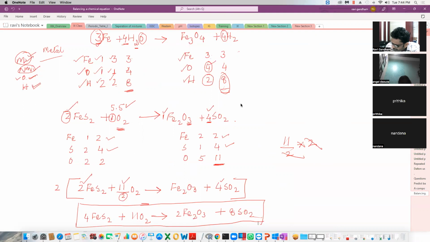I lost marks in that balancing, so I wanted to ask how to do it. We'll take up that example after the break. What did you say? Calcium hydroxide plus nitric acid gives rise to calcium nitrate plus water. Very good. Fantastic.